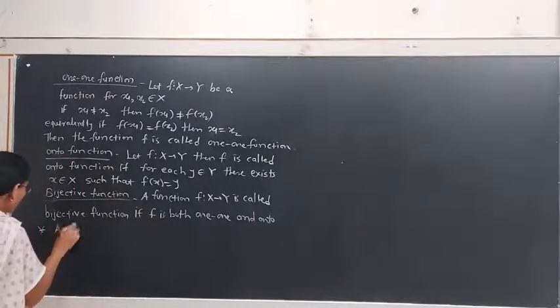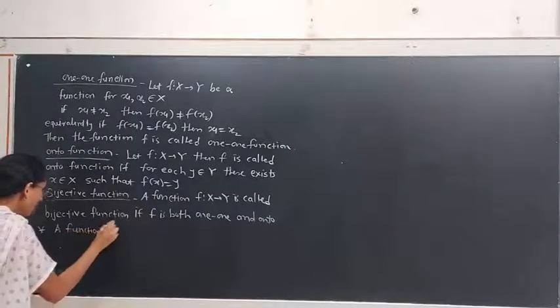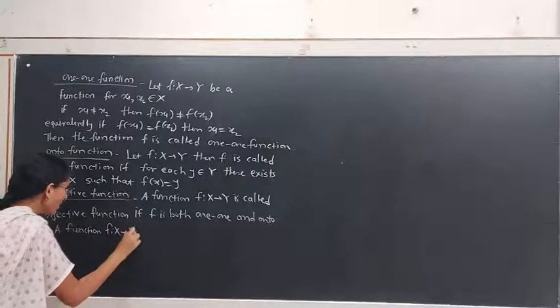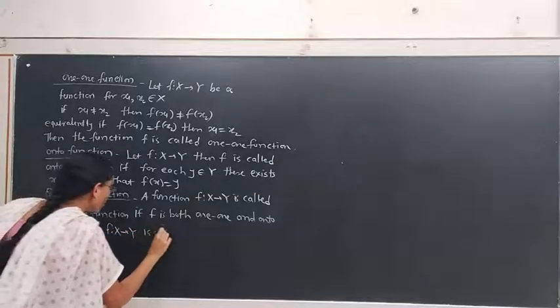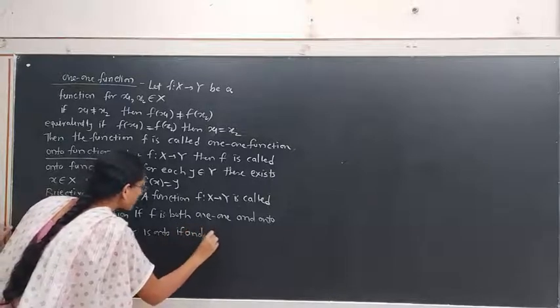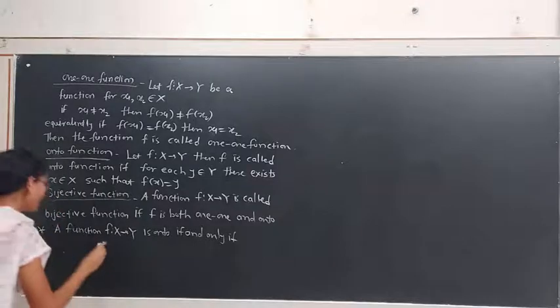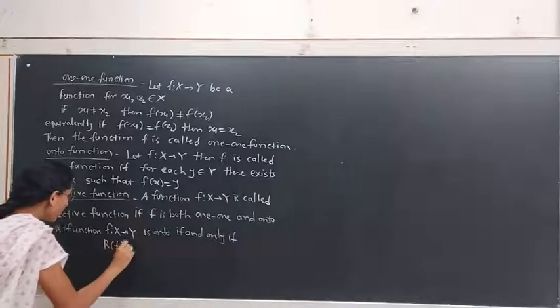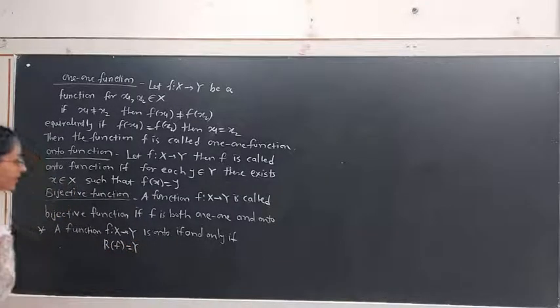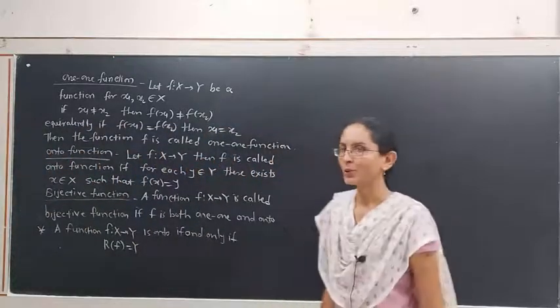A function f from X to Y is onto if and only if range of f is equal to Y. If range of f is codomain set, then f is onto function.